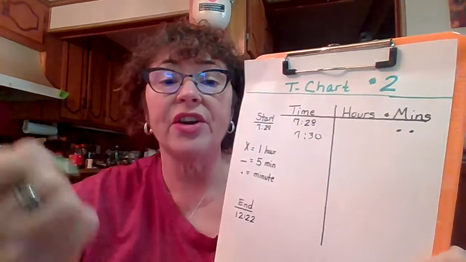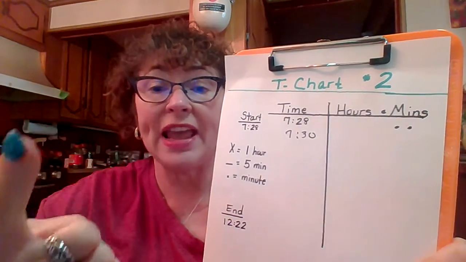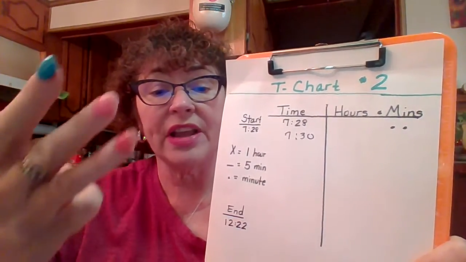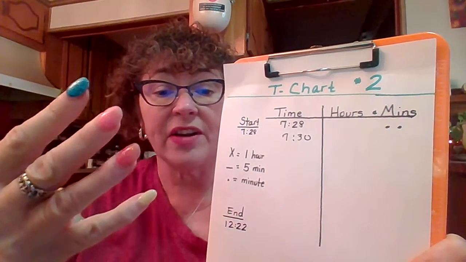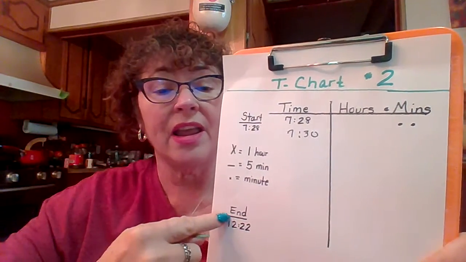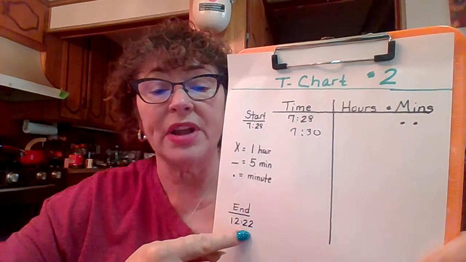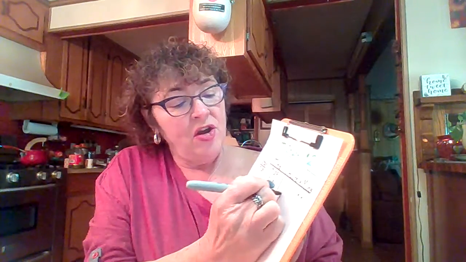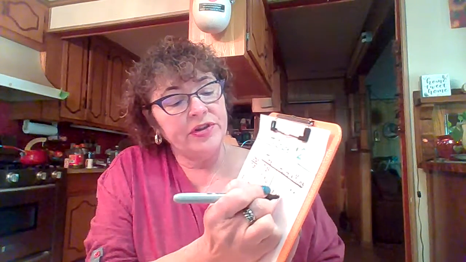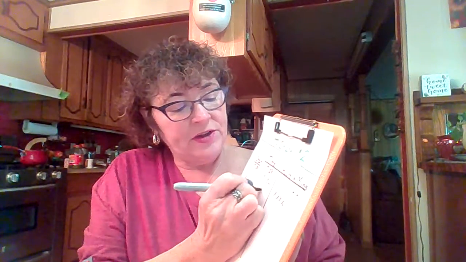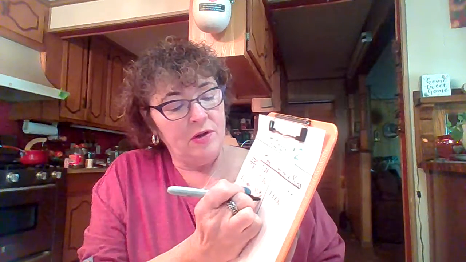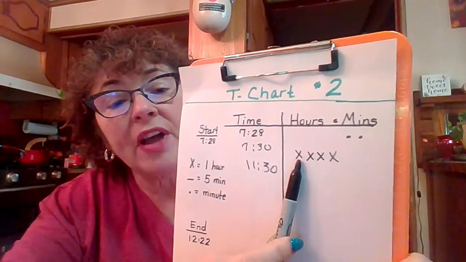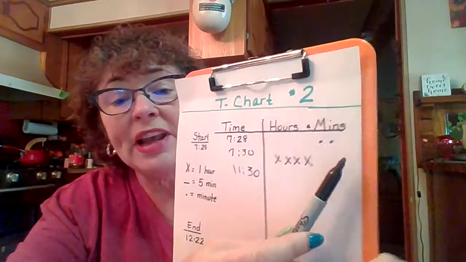One hour would be 8:30, another hour 9:30, another hour 10:30, another hour 11:30, and if we add one more, it wouldn't work because that would take us past our time. So we had 4 hours, which takes us to 11:30. So far we've got 4 hours and 2 minutes.